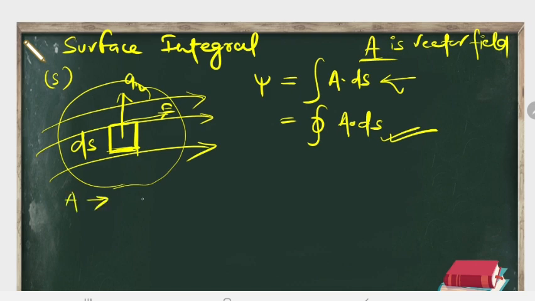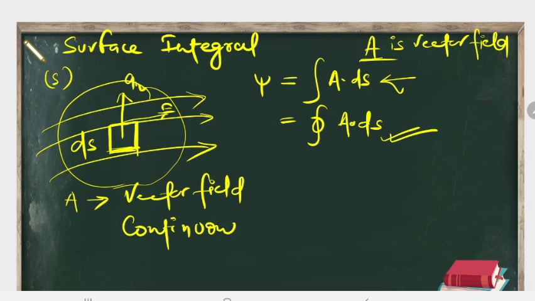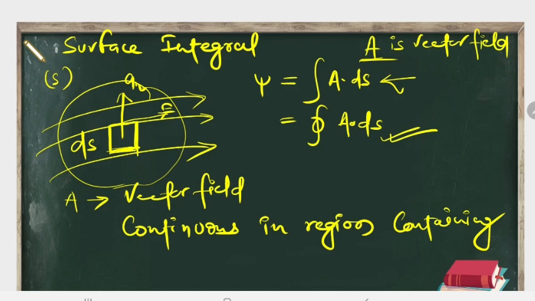Here A is a vector field which is continuous in a region containing the smooth surface S.